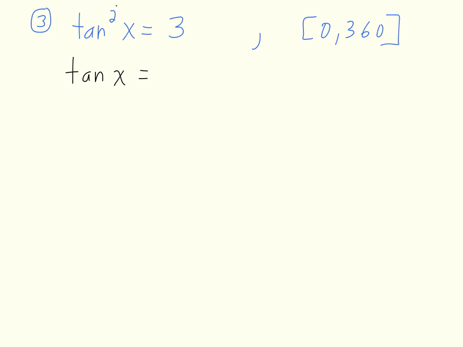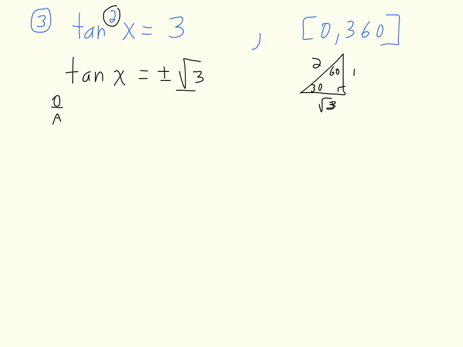Well, to get rid of this square, I can square root. So if I square root, I'm going to end up with plus or minus radical 3. And hey, radical 3 shows up in one of our special right triangles, right? So radical 3 shows up in a 30, 60, 90. Radical 3 is a side across from the 60. So if we're talking about the tangent, remember tangent is opposite over adjacent.